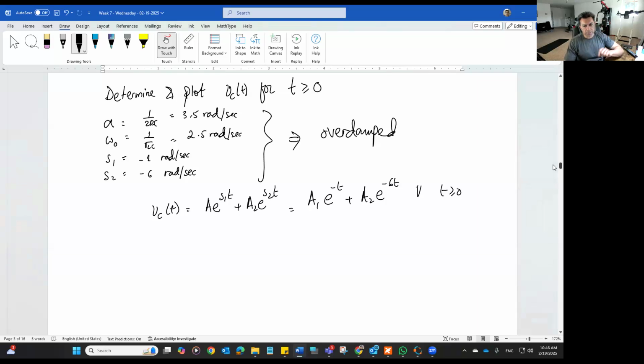So the roots are 1 radian per second and 6 radian per second. The root 1 is going to take longer as compared to the root 6, because the time constant corresponding to 6 is 1/6, which is smaller than 1/1, or 1.